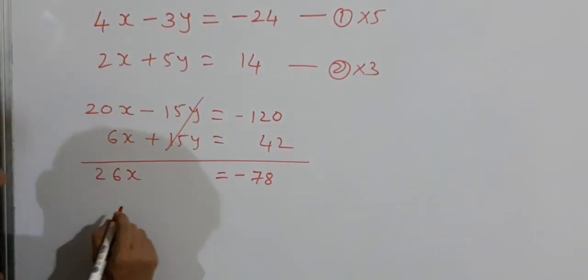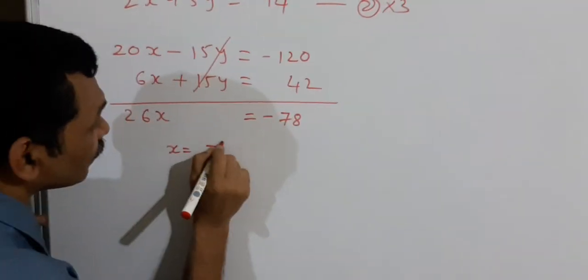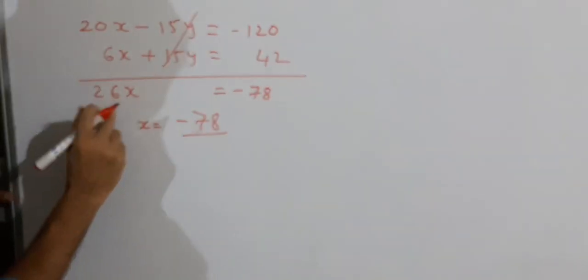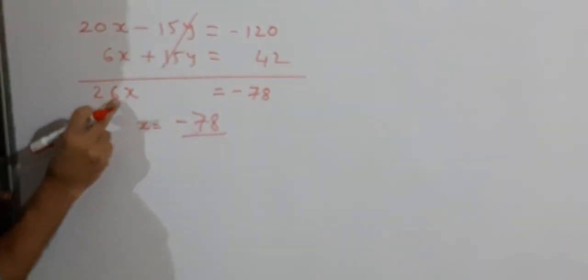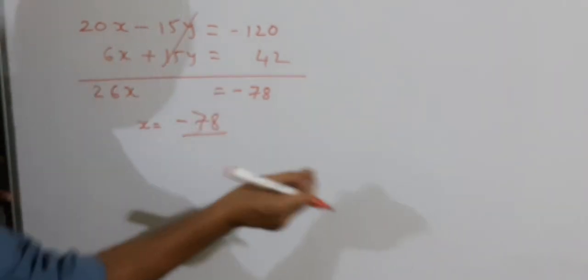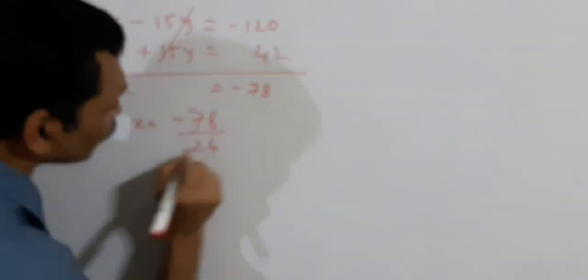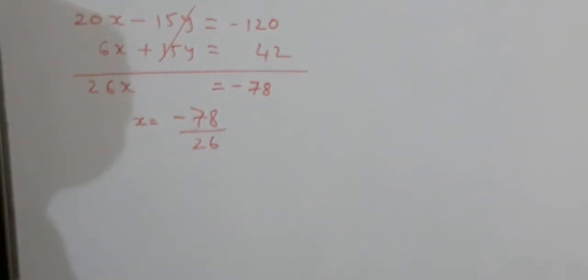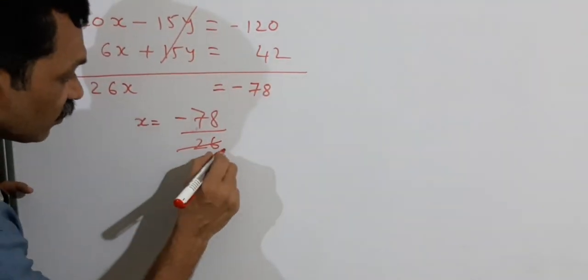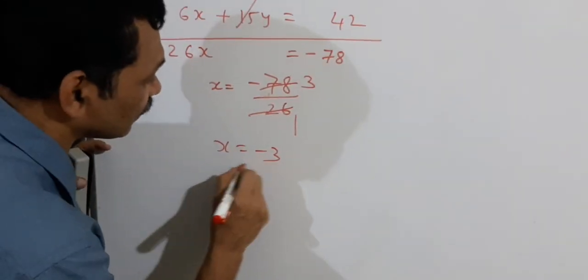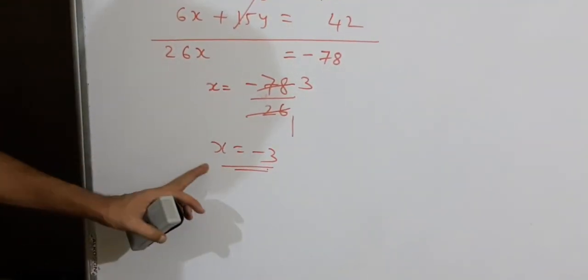Therefore 26x is equal to minus 78. This is 26 multiplied by x, so when 26 goes to the other side, it becomes division. So minus 78 upon 26: 26 ones are 26, 26 threes are 78, and therefore x is equal to minus 3. So we got the value of x.